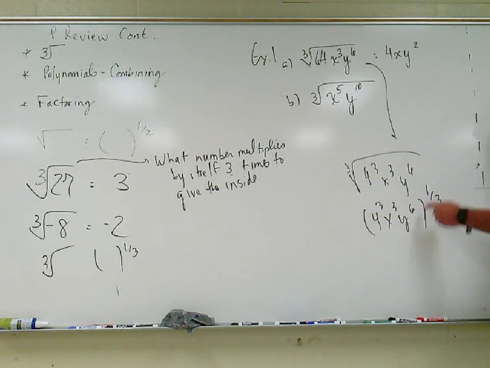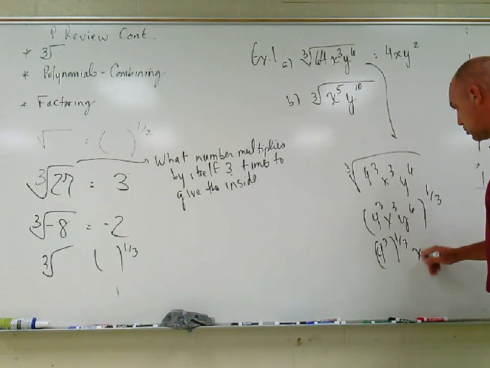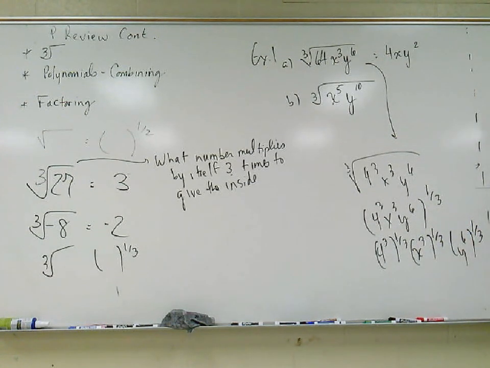Remember, when you have multiplication and you have an exponent here, you can raise each one to the 1/3. So you could do 4 cubed to the 1/3, x cubed to the 1/3, y to the 6th to the 1/3. That's dividing by 3, because a power raised to a power, we do what?